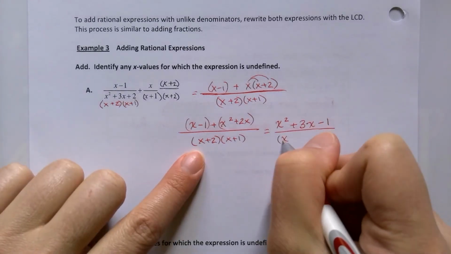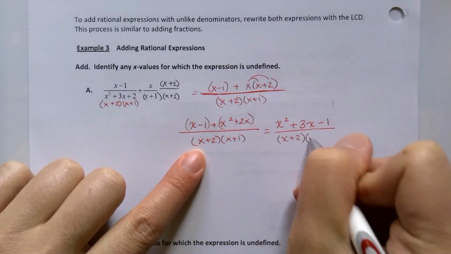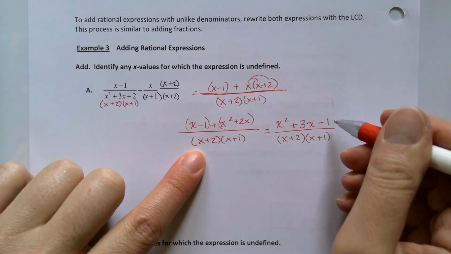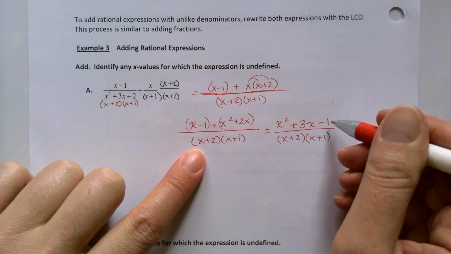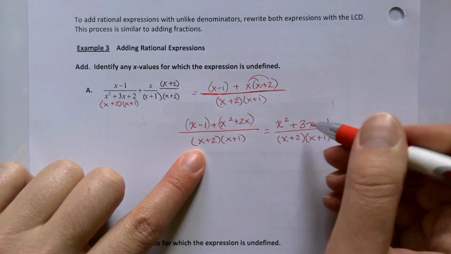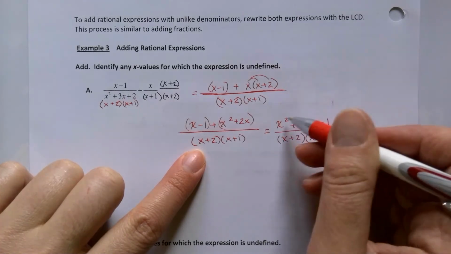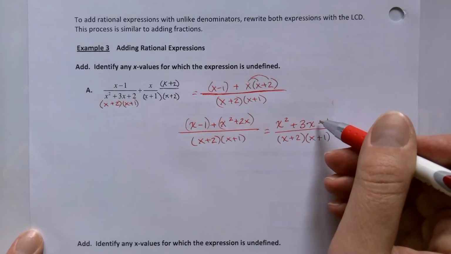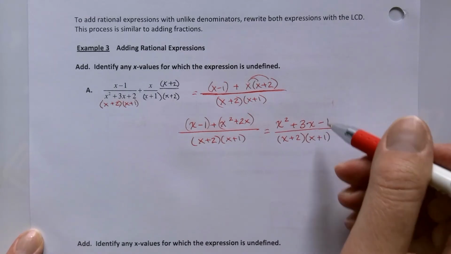Okay, and again, I'll start shortcutting this. The reason I'm leaving my denominator factored is because I want to see if this factors. Are there factors of -1 that add up to 3? Okay, there's not. So I'm not saying that you can't solve this numerator by setting it equal to 0, but it doesn't factor. And since it doesn't factor, it won't factor and cancel.